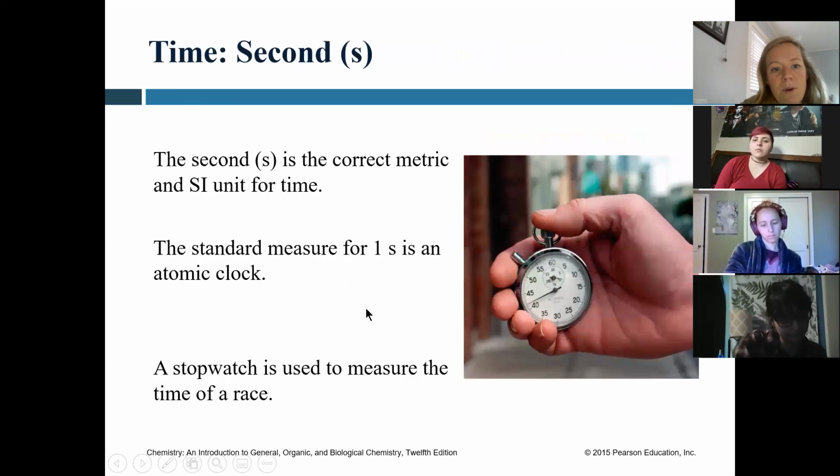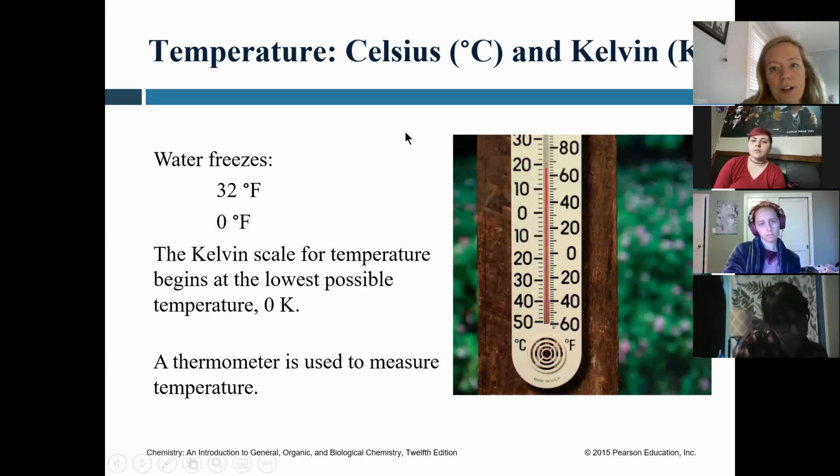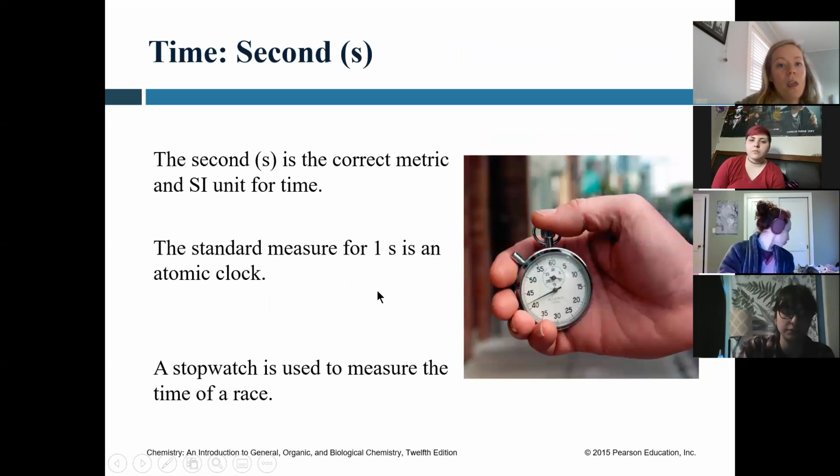Celsius is just a little bit more conducive for measuring experimental values, because water freezes at 0 degrees Celsius and water boils at 100 degrees Celsius. The numbers just work a lot nicer than 32 degrees Fahrenheit, and 212 Fahrenheit is what water boils at. I don't like that number. Time, seconds. Okay, that's easy peasy.